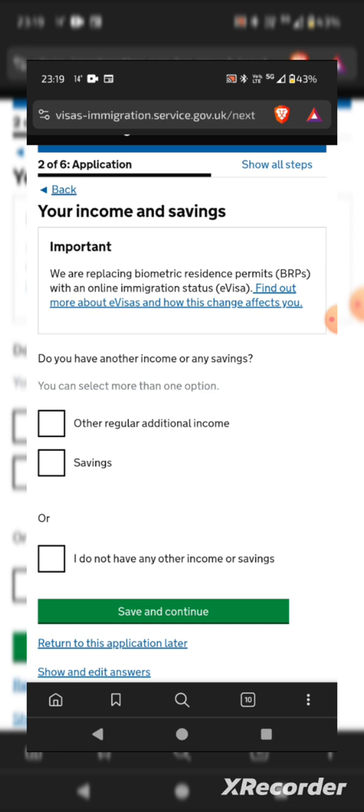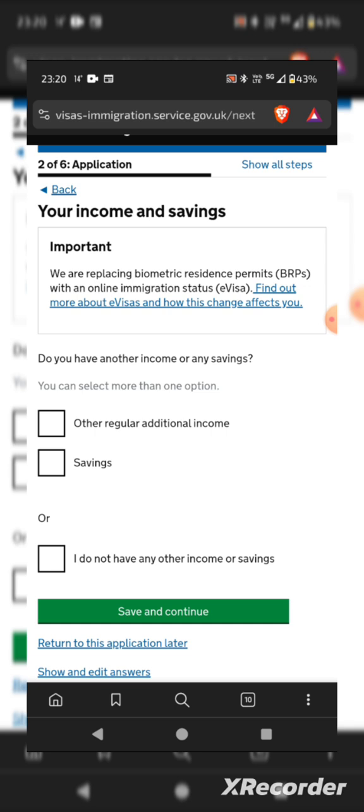So here you are talking of funds either from savings or other regular additional income. Other regular additional income includes things like side hustles, side businesses that you do. However, these side businesses have to be registered and you need to give documents supporting them.